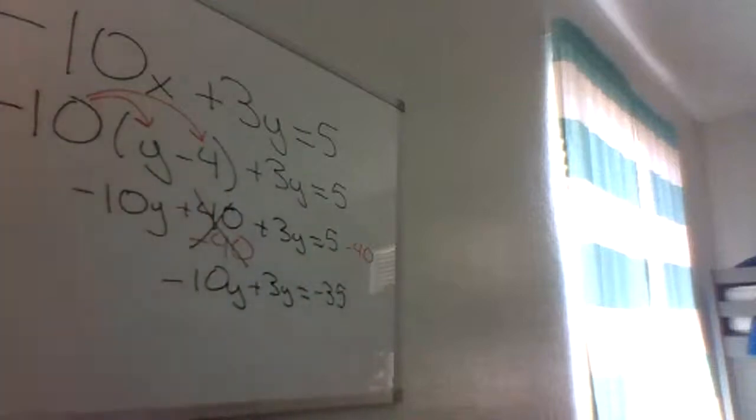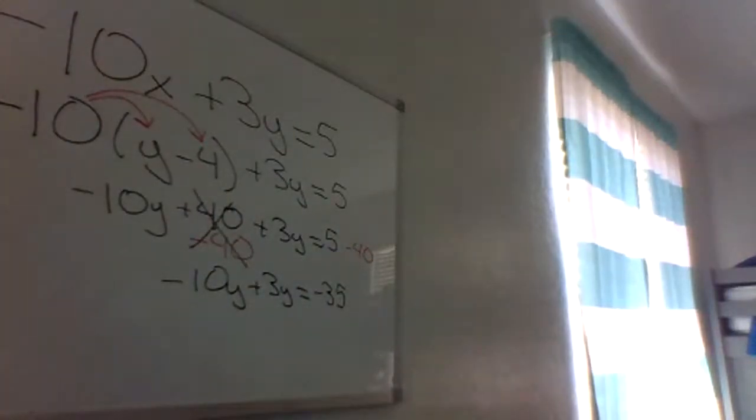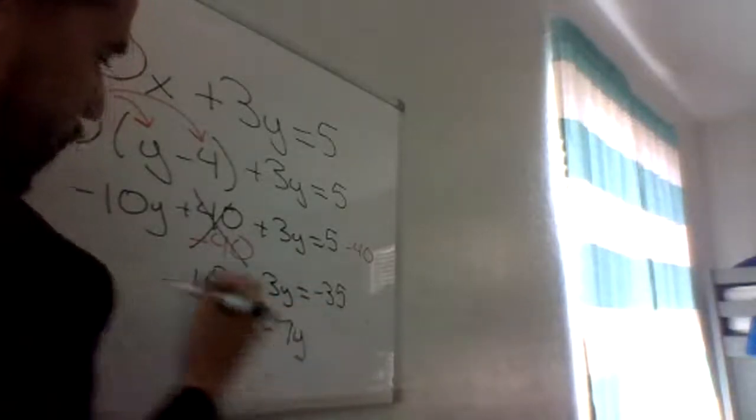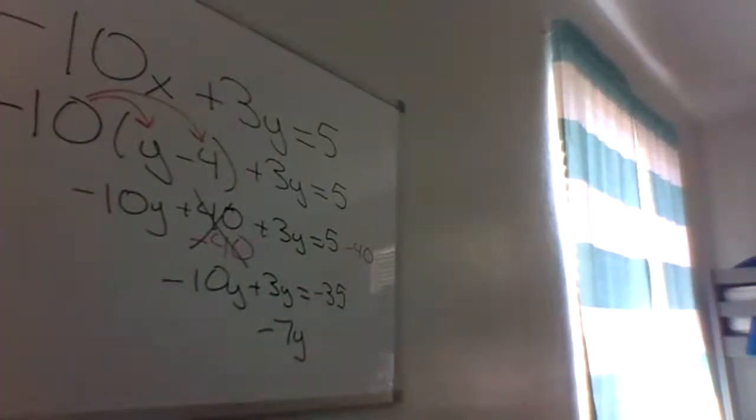So what do we do now? So negative 10y plus 3y is going to be negative 7y. So now we divide.